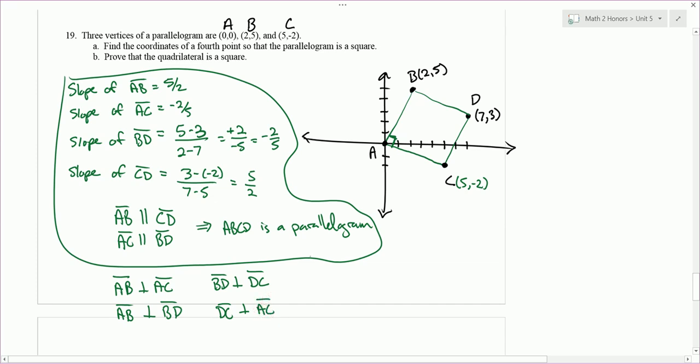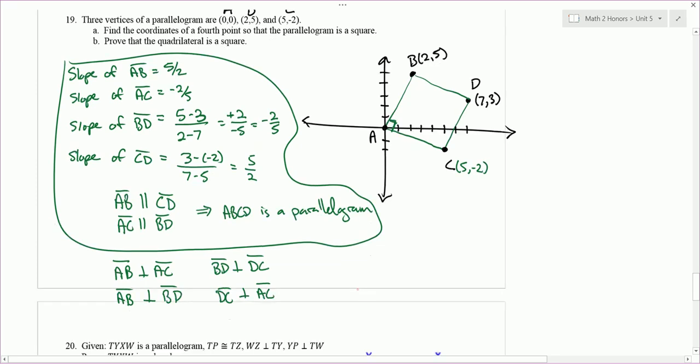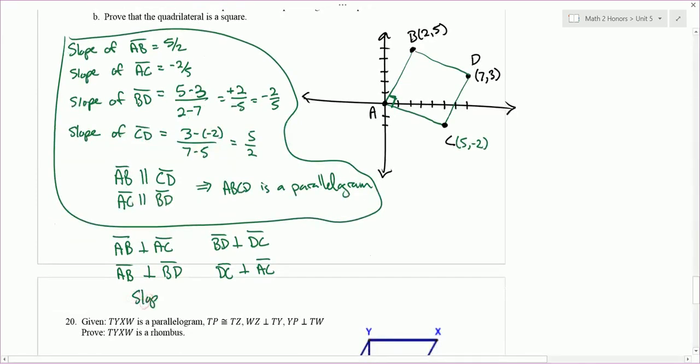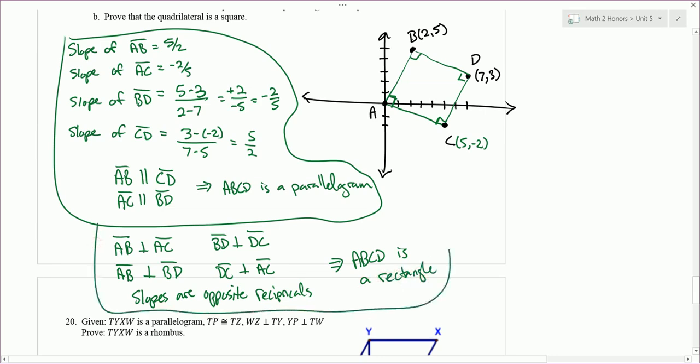And this is because the slopes are opposite reciprocals. Which is telling us that all these are 90 degrees, and so ABCD is a rectangle. We still don't have that it's a square.